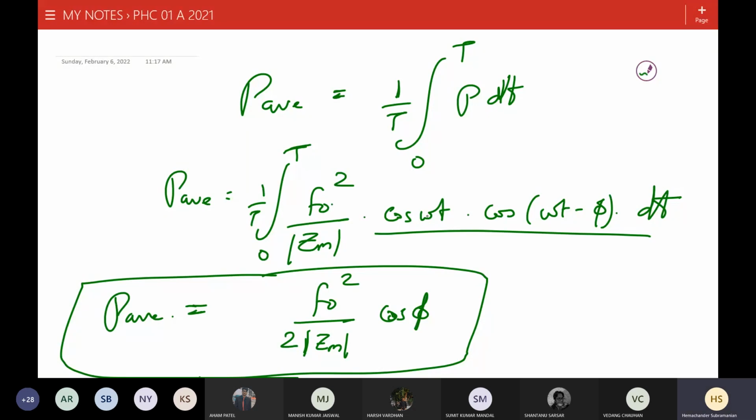Obviously, if you want to have an intuitive feeling for this, if you increase the resistance of the SHM, will the SHM absorb any power? I mean, will the power absorption increase or decrease if you increase the R in your SHM?